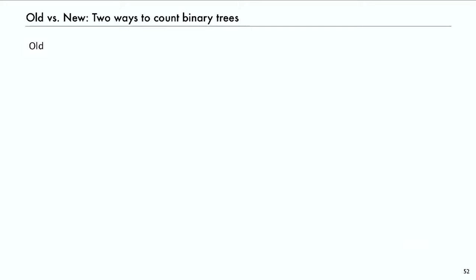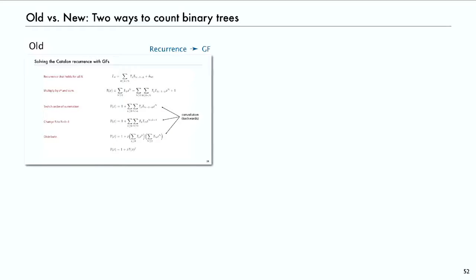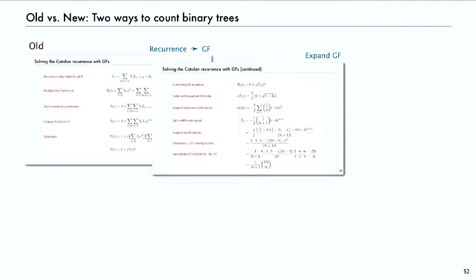And just think about what we've talked about in the last 4 lectures versus this lecture. To count binary trees, we had a whole slide to go from recurrence to a generating function involving a convolution. And then expanding that generating function involves some kind of intricate calculations using binomial coefficients that you might remember.